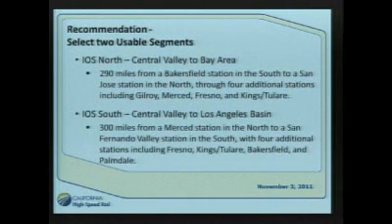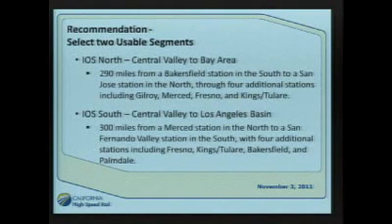So our recommendation, which is a recommendation that the board would finally then have to approve, is that we select 2 usable segments as defined in the Prop 1A Bond Act, and that is the IOS North, Central Valley to Bay Area, which is 290 miles from Bakersfield Station in the south to San Jose in the north, going through 4 additional stations: Gilroy, Merced, Fresno, and Kings Tulare stations.